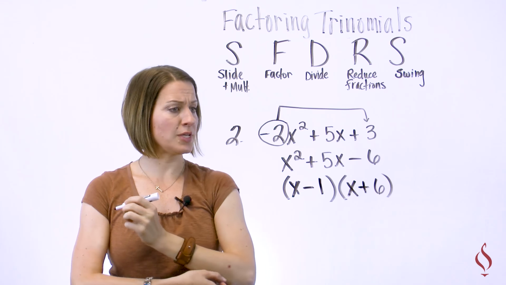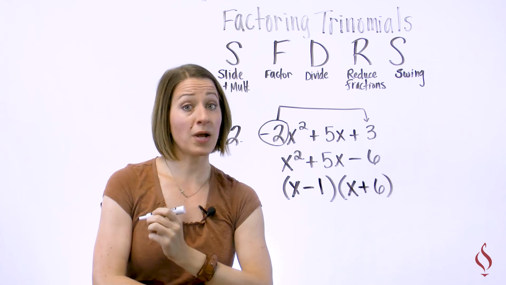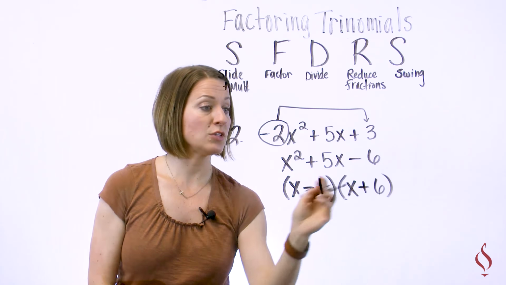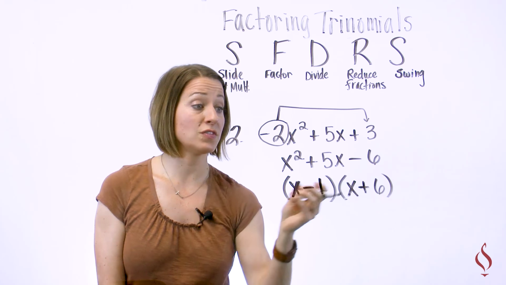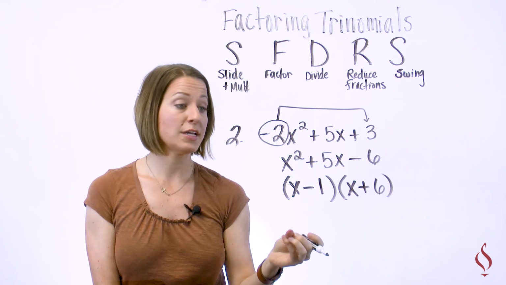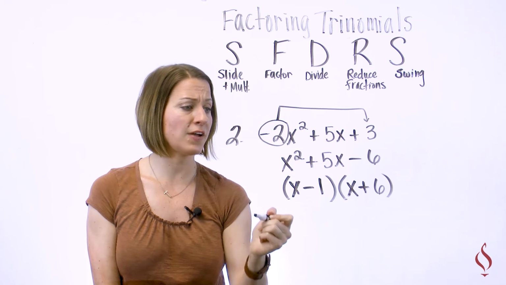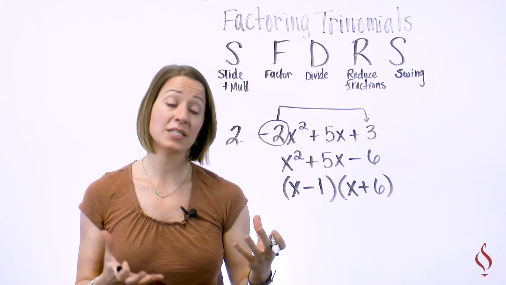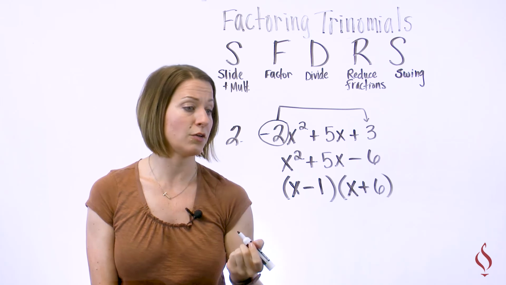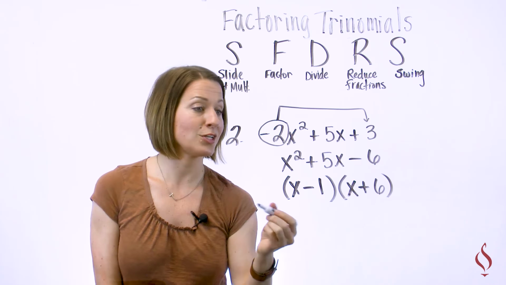This one's really tricky because when I do this problem with my own students, it's really easy to use the factors of 6, of 2 and 3. But because we need a +5, we need a really big positive number. So this is why 6 and -1 is what we're going to use this time.